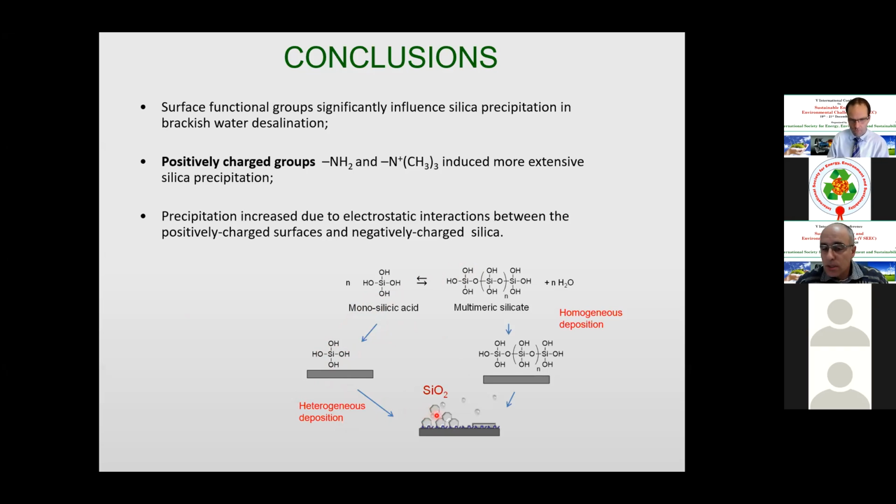Now, silica particles are negatively charged, so if we have a positively charged surface, this will give more stabilization of the precipitated silica. On the other hand, in the homogeneous precipitation, we have silica colloids in the solution. They are attracted to the positively charged surfaces, which increases the local concentration and induces mineralization.